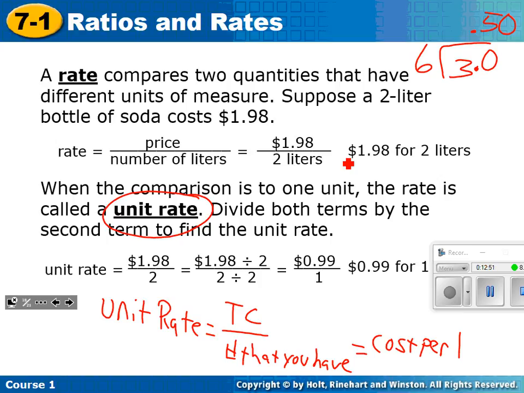Okay? This is important if you were trying, let's say you were doing a fundraiser or something. All right? If you went out and you bought 6 packs of soda for $3 and then you turned around and sold them for 50 cents each, are you making any money? No, you have to know what you're going to charge per can in order to make some money. Do you understand?